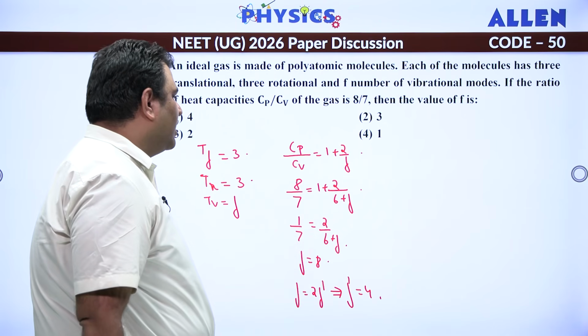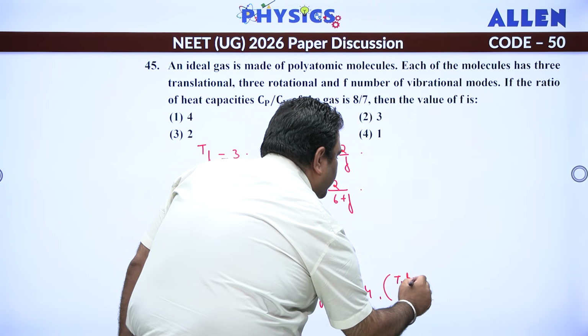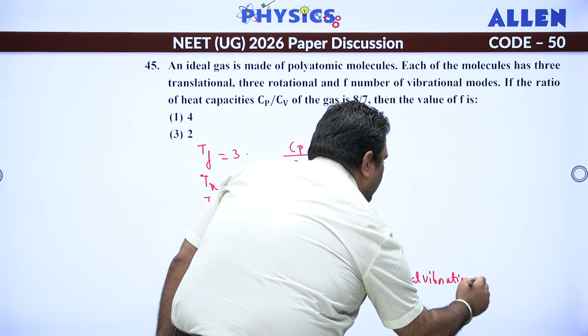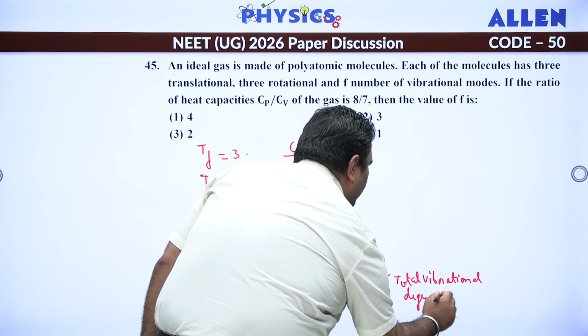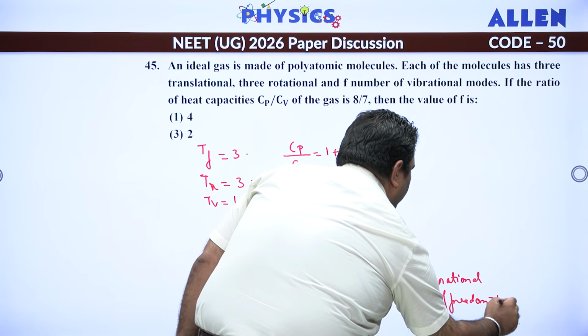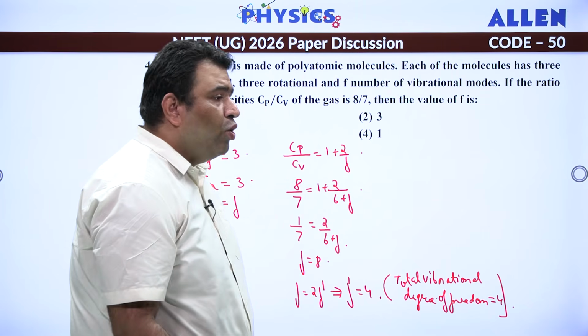This implies that the total vibrational degrees of freedom are 4. Okay, vibrational degrees of freedom are 4 in this case. How?